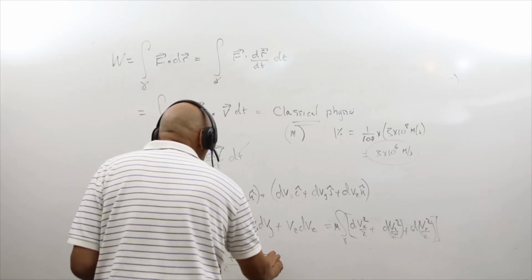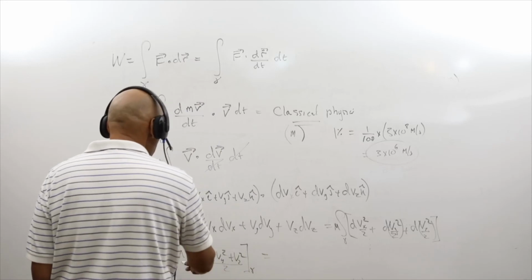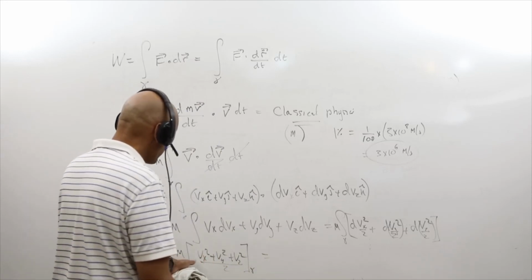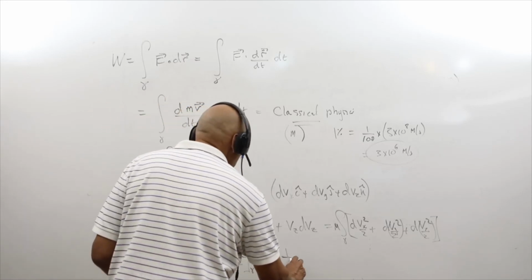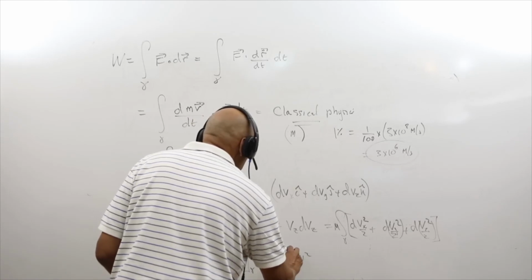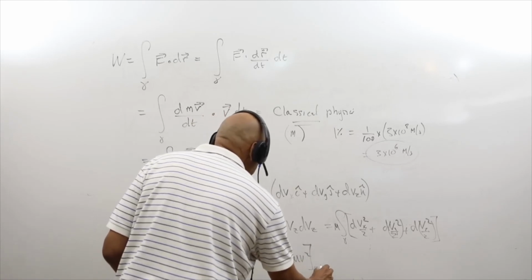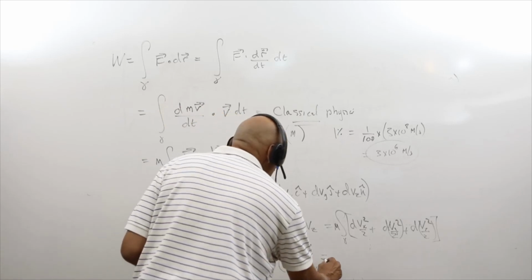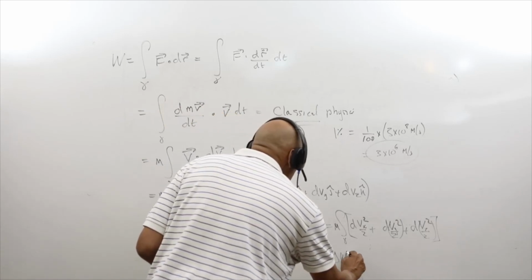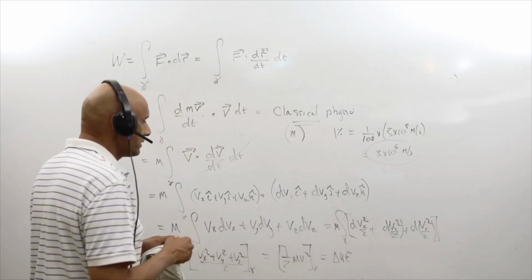taken at the endpoints. And that's equal to, if you think about it, 1/2 m times the velocity squared taken at the endpoints. So this is the change in the kinetic energy from final to initial.